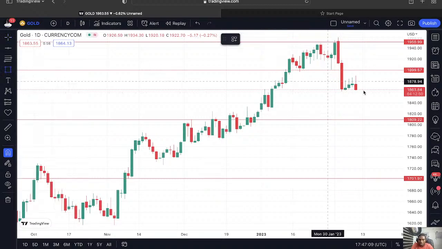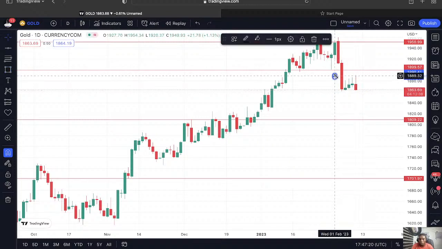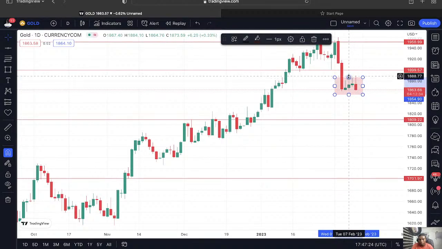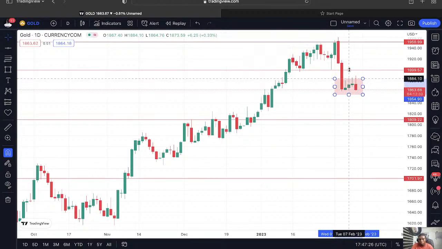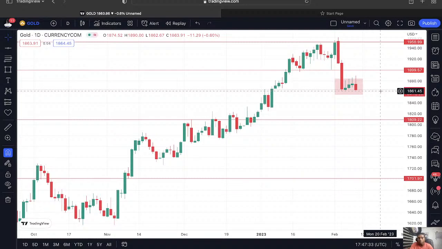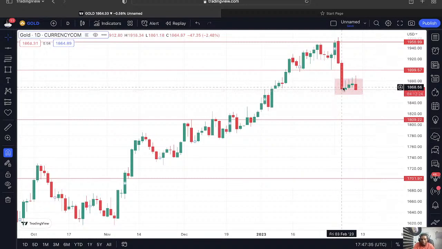From what you can see on gold, where is gold going next?